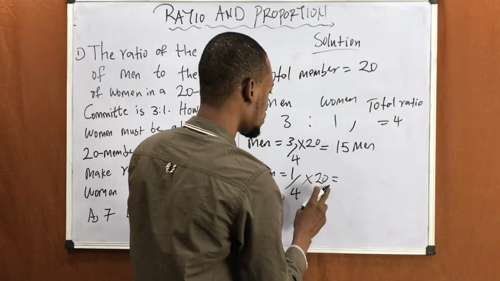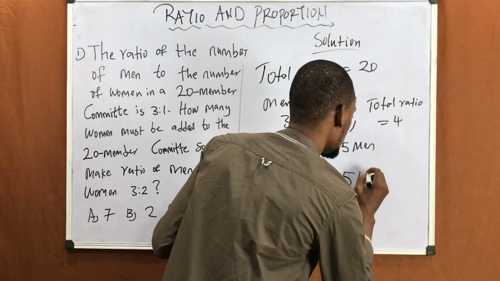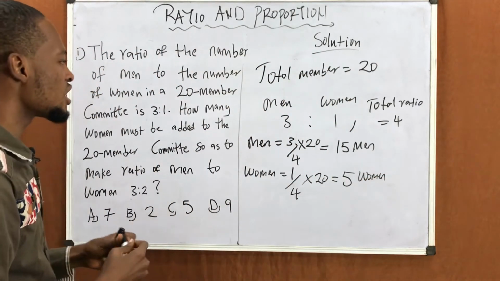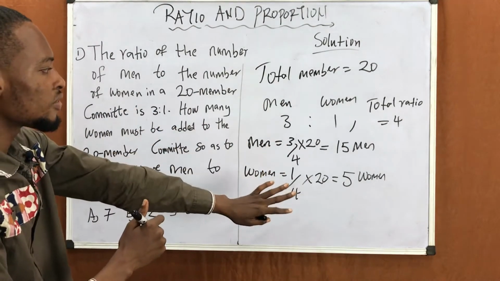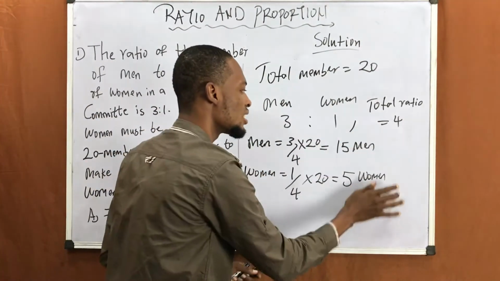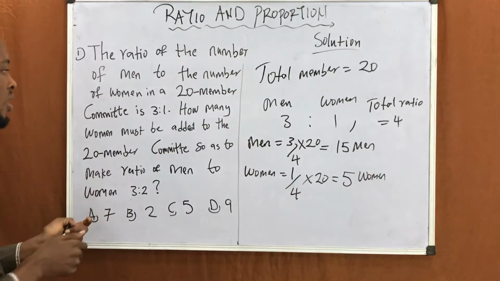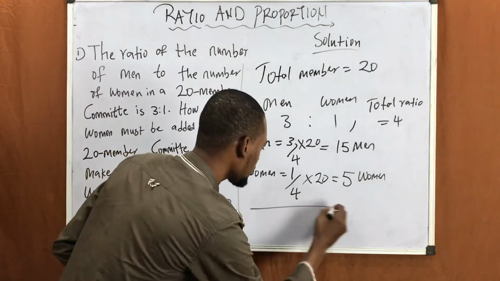So 1 times 20 is 20, divided by 4 is 5. So we have 5 women in the committee. This implies that in a committee of 20 members, we have 15 men and 5 women. If you add it, you will get 20. That means it's correct.